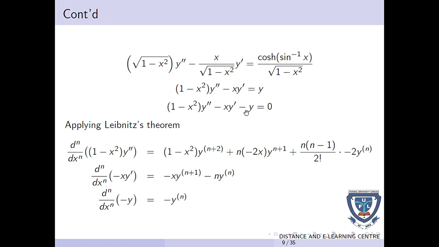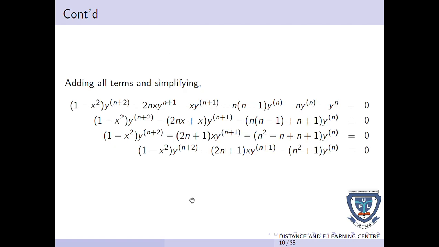At this point, you can now apply your Leibniz theorem component by component. So you differentiate the first component here, then the second component, then the third component. Then you now put all the terms together, adding all terms and simplifying.